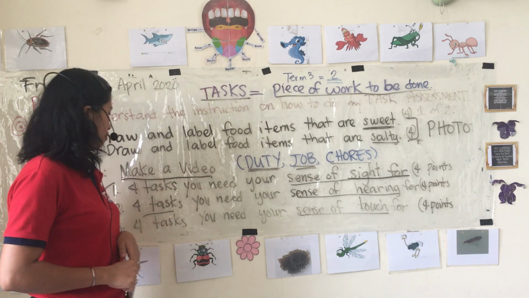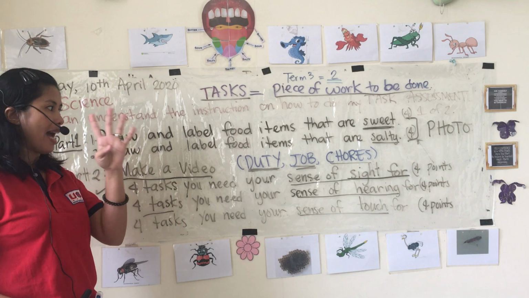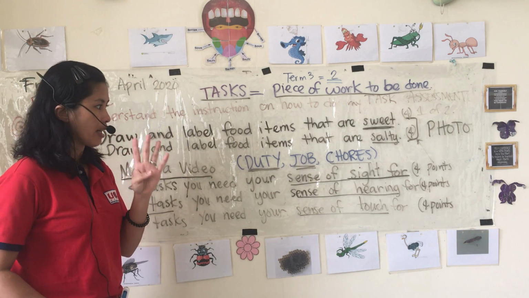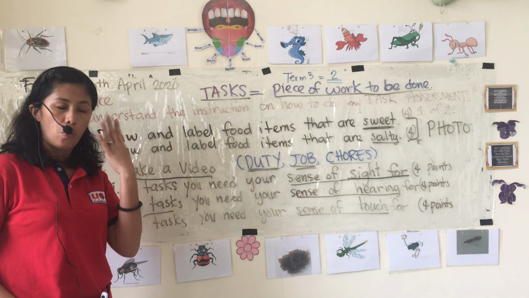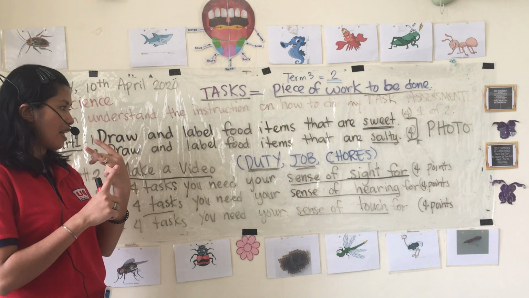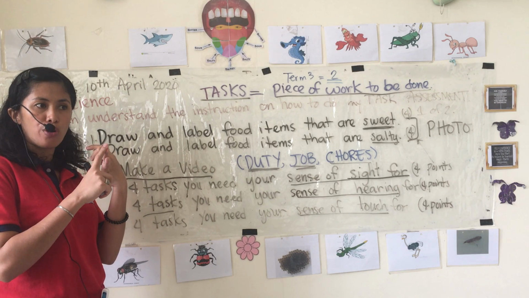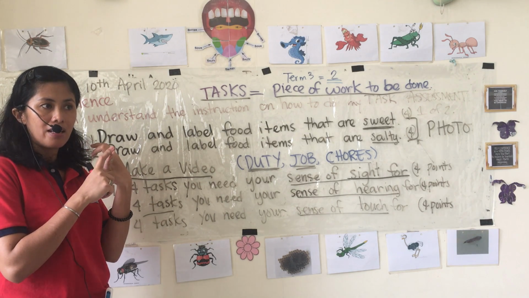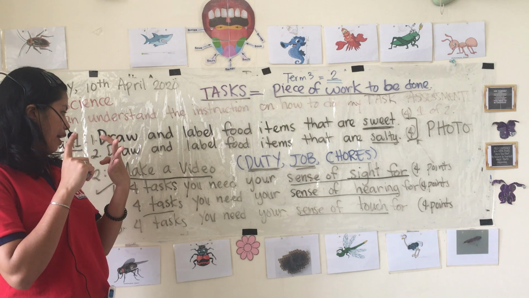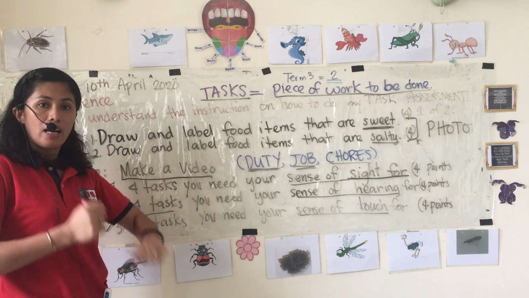Again, we are going to write down 4 tasks that we use our sense of sight for. Watching TV, I use my sense of sight. That's another example. Sense of hearing: when I listen to the music, I use my sense of hearing. And then what else? Sense of touch is when I'm doing laundry, I'm using my hands.